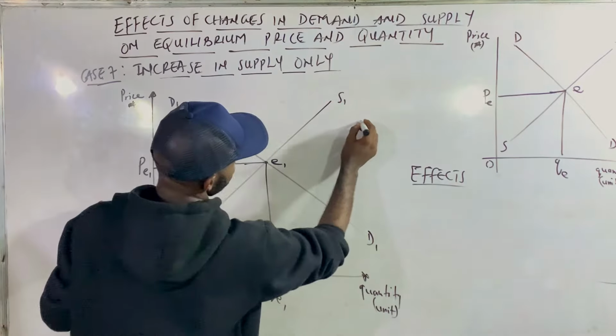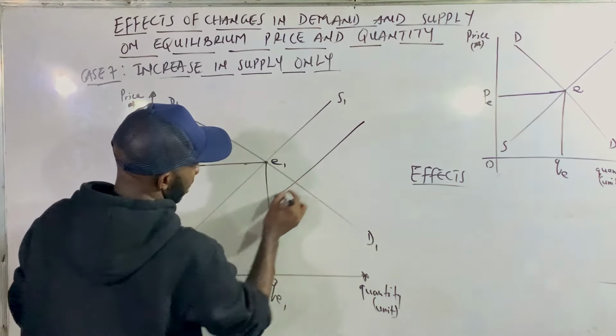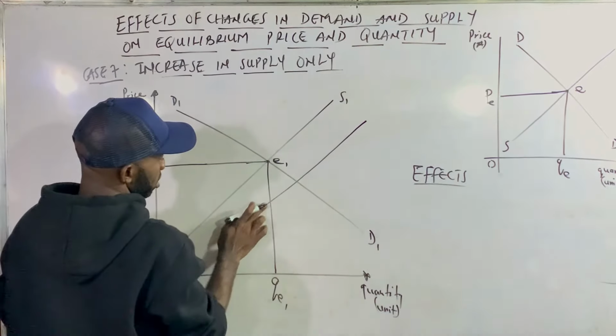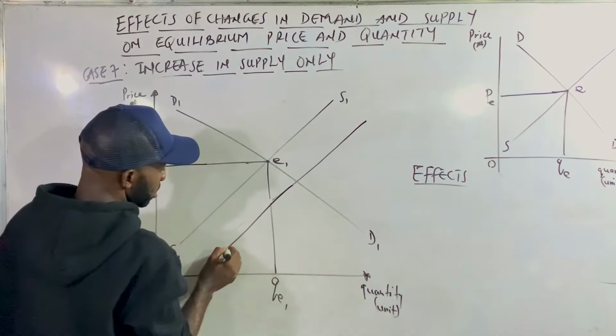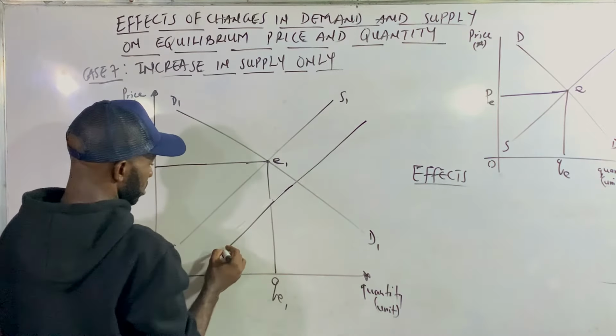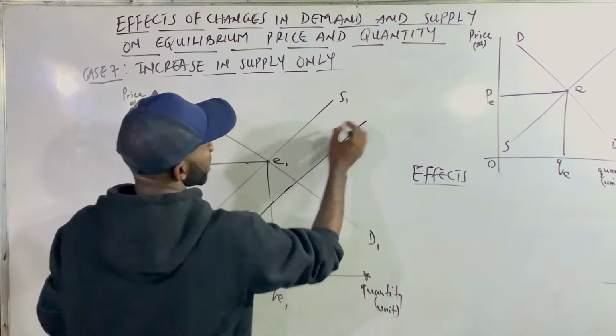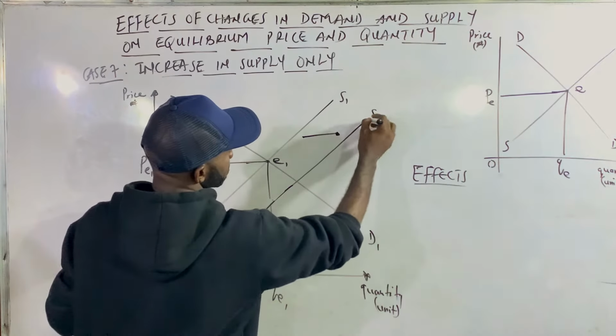And then that brings us to something like this. If we have a shift in supply to signify increase, then it has to be a rightward shift.